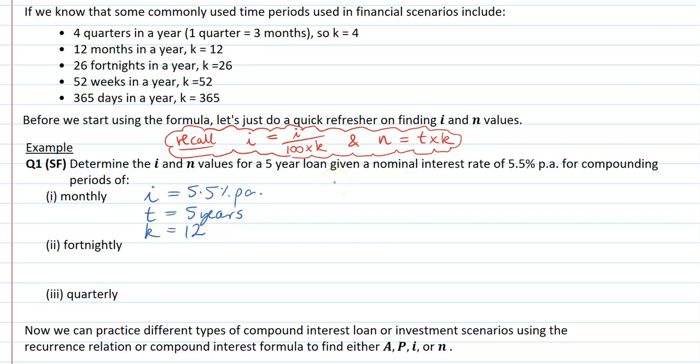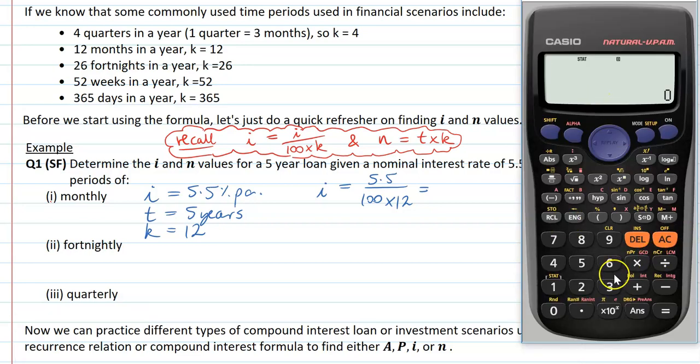So for our conversions, we use the formula, our given interest rate, 5.5 over 100 by K. And when I calculate that, pull it up on my calculator, enter it in. Be careful with the 100 by K bit, use brackets.